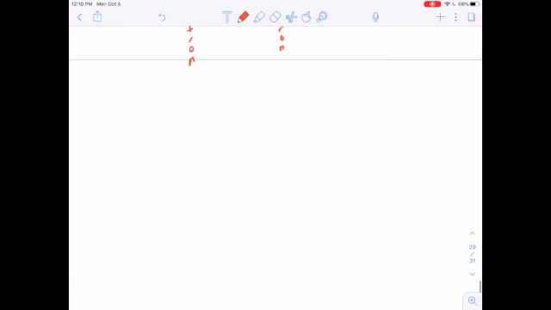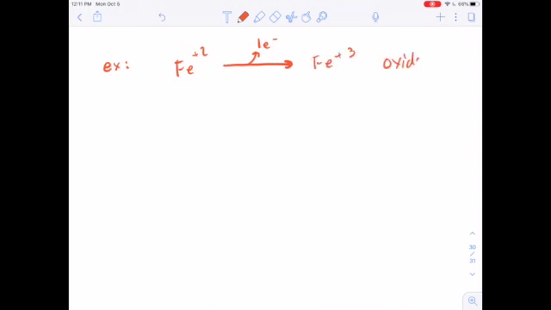All right, so let's do an example. Let's look at an iron plus 2 ion. If an iron plus 2 ion loses 1 electron, it becomes an iron plus 3 ion, and this is an oxidation.